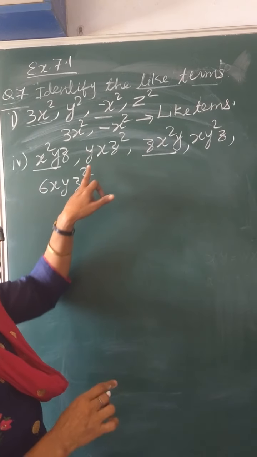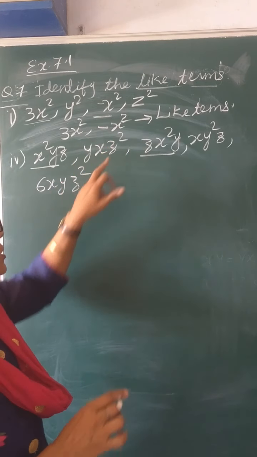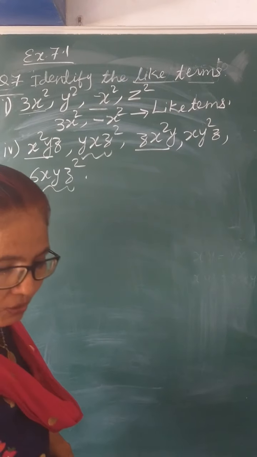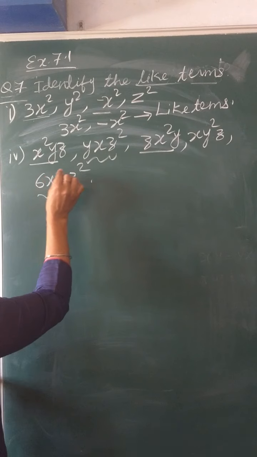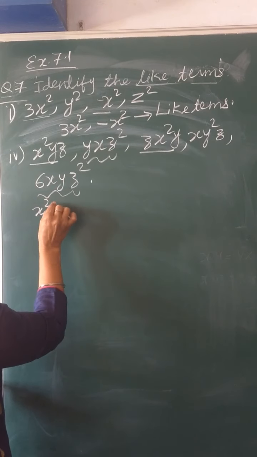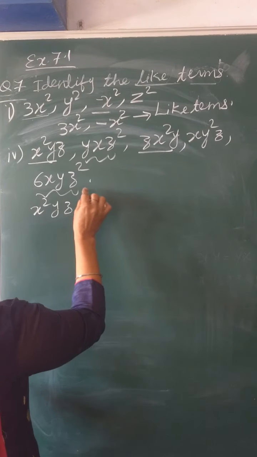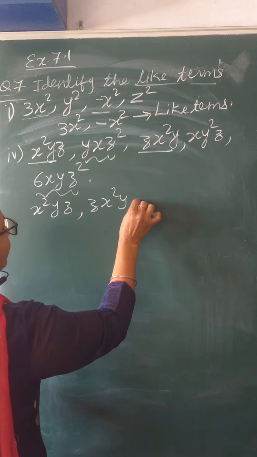Here you see yx, z square, here also z square. So this is a pair of what? Like terms. So which are the like terms here? X square yz and with this zx square y. Okay.